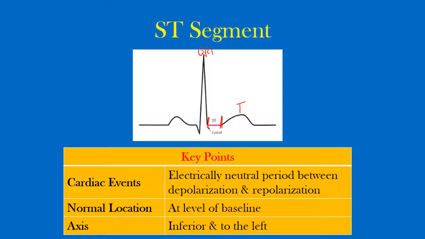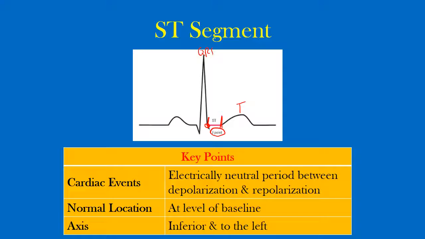Also note, the point where the QRS complex ends, so that's where this ST segment begins, is called the J point. So right here, this point where the QRS complex is ending and then the ST segment is beginning, that's called the J point. Now, it's just important to note that the J point is not always easy to discern because of ST elevation.